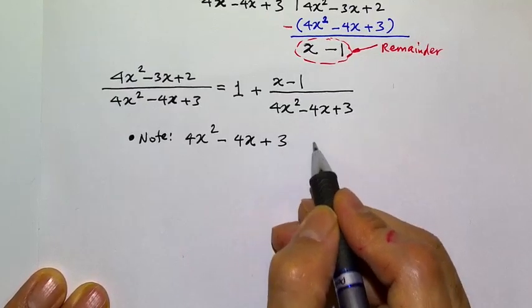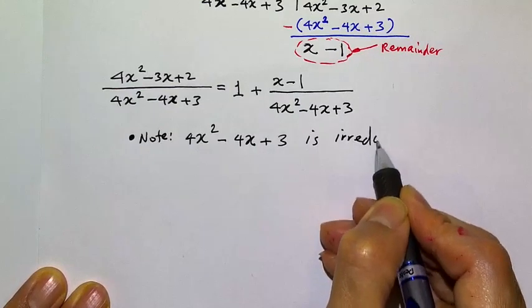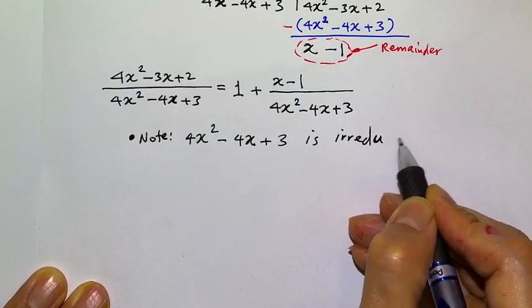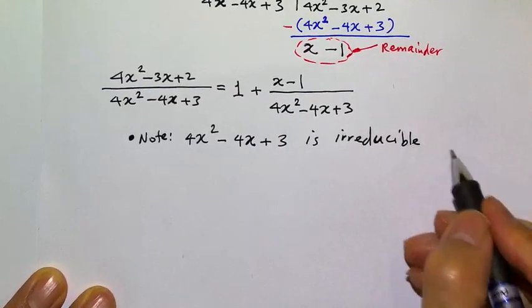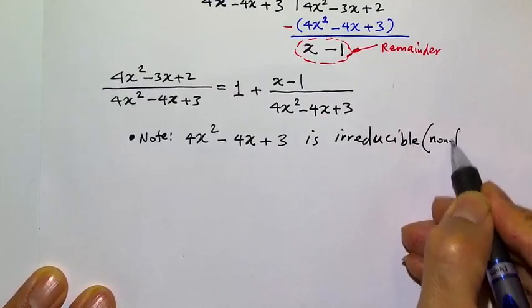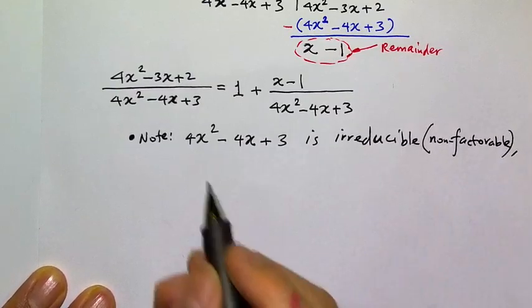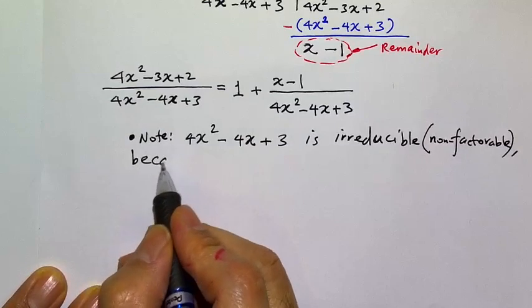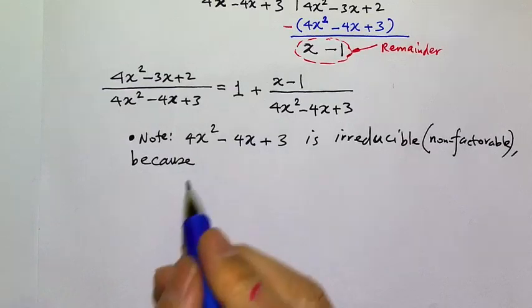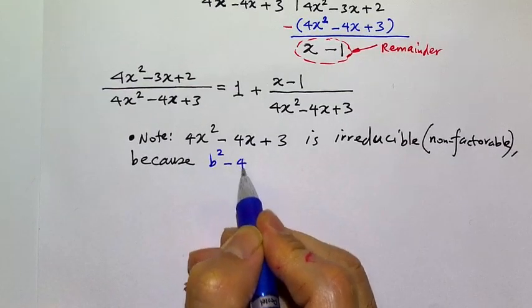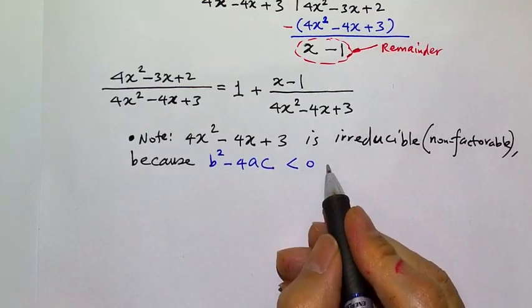Plus 3. Or non-factorable. So because the discriminant is negative or less than 0.